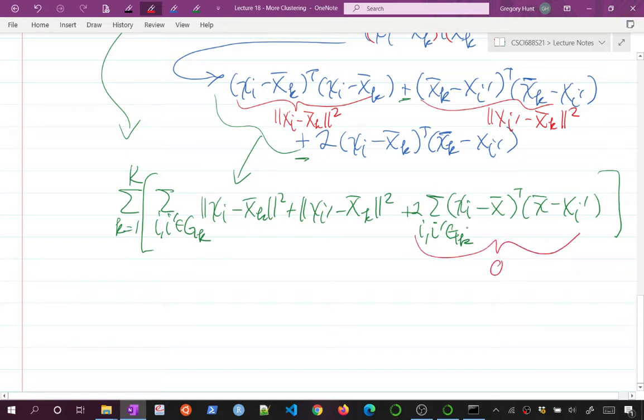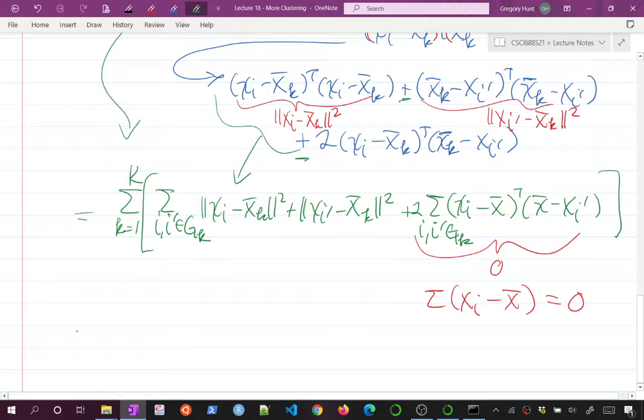The reason it's 0 is because, as we know about means, if I look at the sum of xi minus its mean, that's 0. That's basically what's going on here. We have the sum of xi minus x bar. This is a transpose, it's a vector, but it doesn't matter. You're going to get the 0 vector at the end of the day. And so you're going to get 0 for the last term. So it actually drops out.